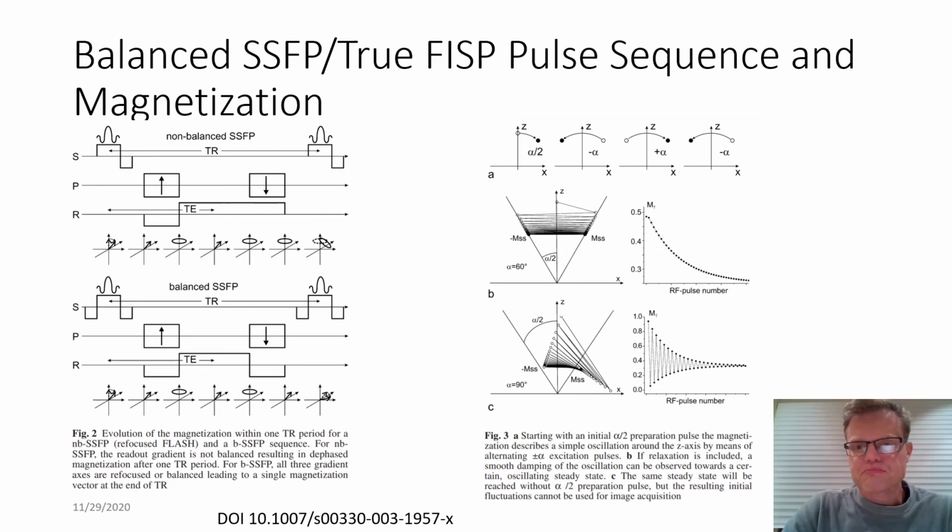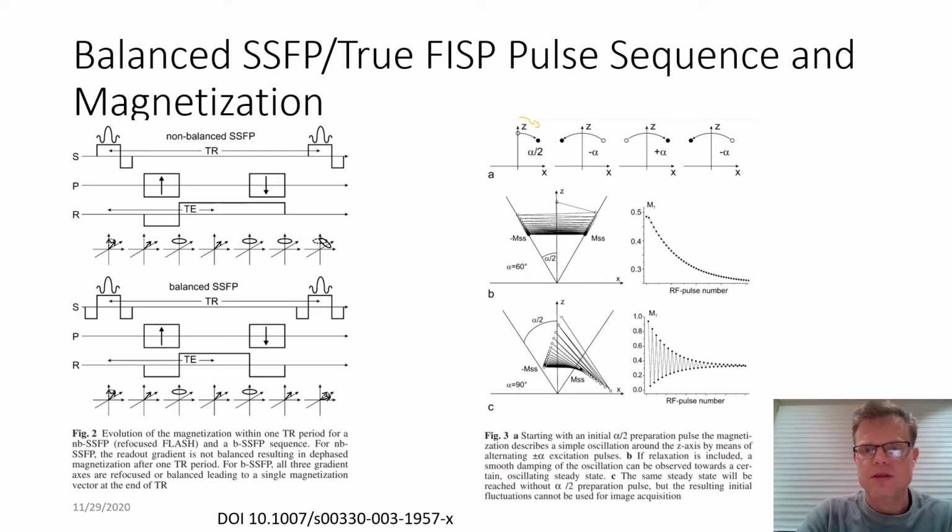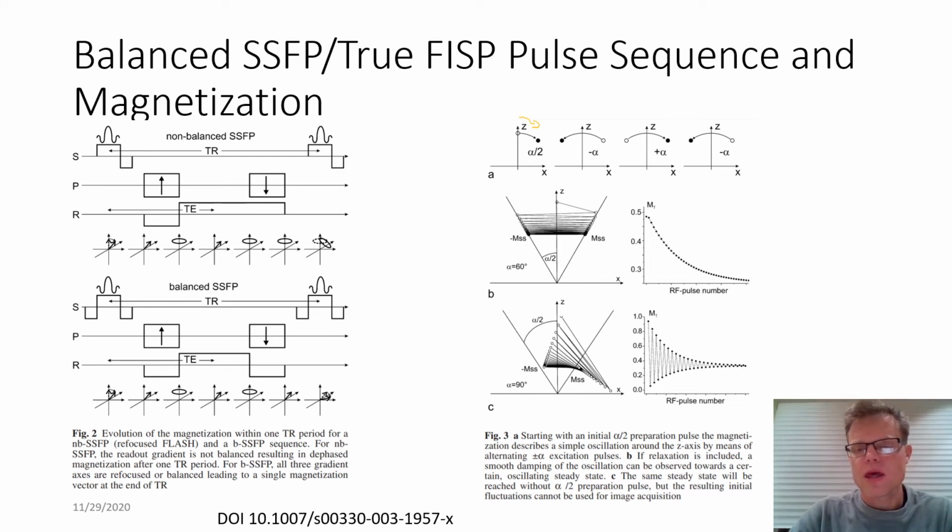And so then you really just have the RF pulses tipping the magnetization back and forth, and that's what's illustrated on the right, figure 3A. You start with the magnetization at the open circle along the z-axis, and the way these sequences start, interestingly, is with an alpha over 2 pulse, and then they flip the opposite direction, minus alpha.